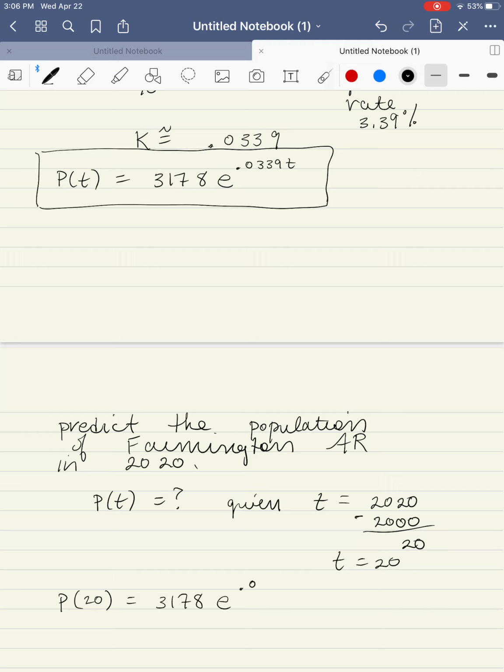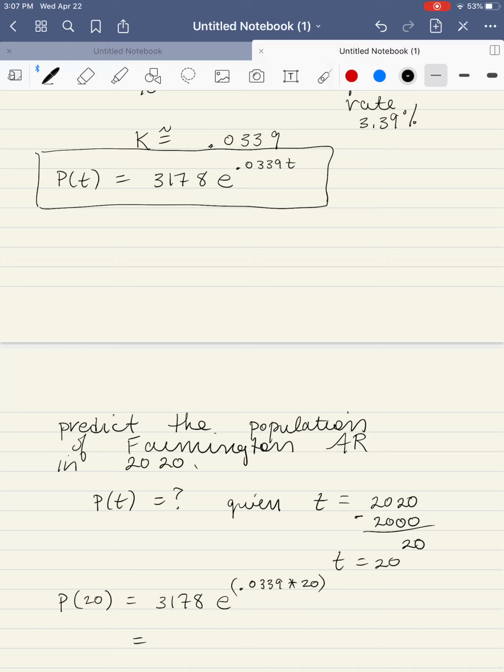So all we need to do here is plug 20 into our function using our rate that we're given. And remember, when we plug this in on the calculator, we need to be sure to put parentheses around the whole exponent, not double parentheses.